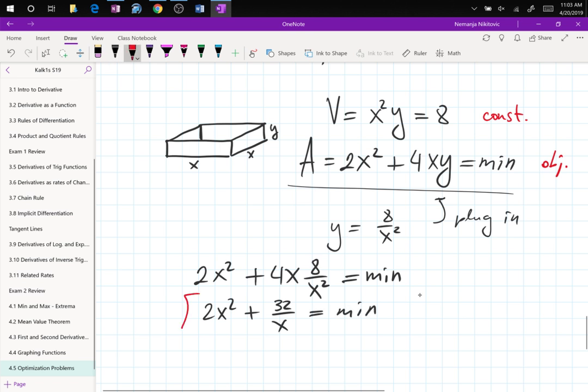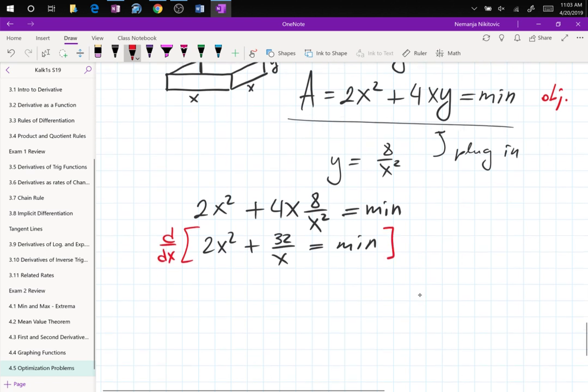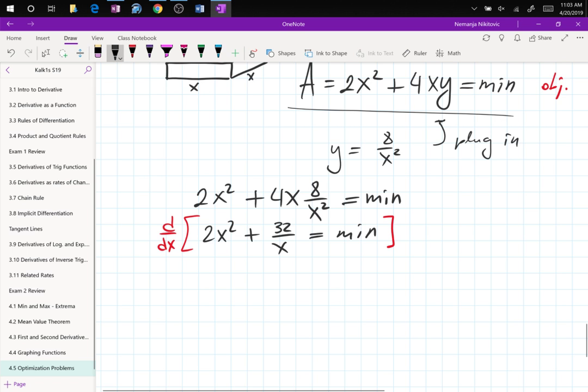And now we hit this with the derivative. So this is 4x minus 32 over x squared equal to 0.